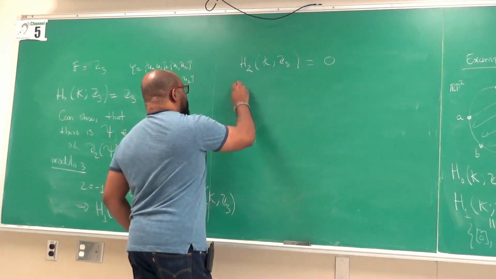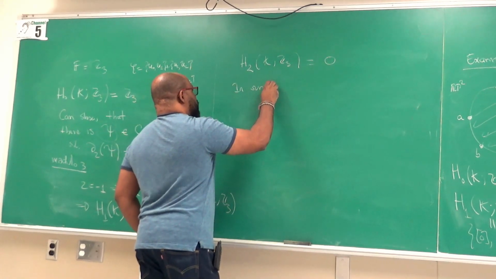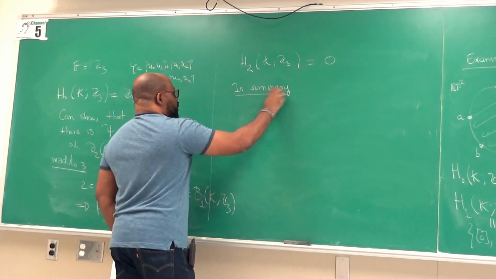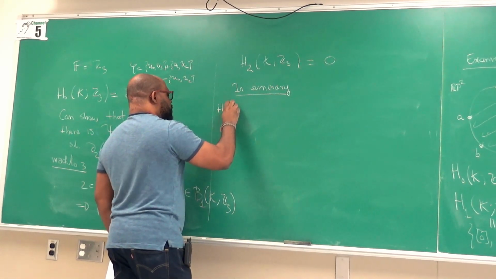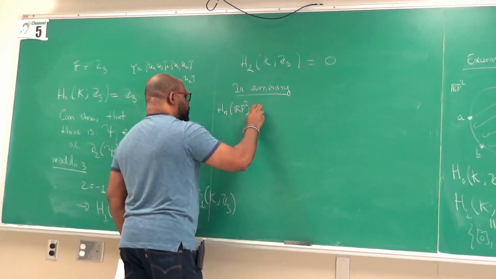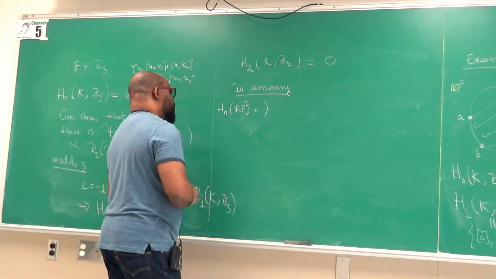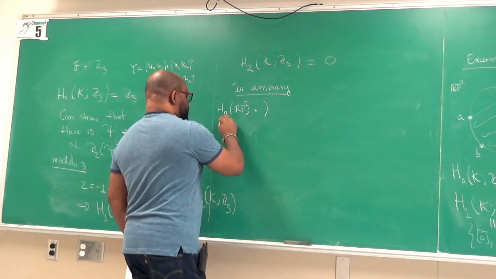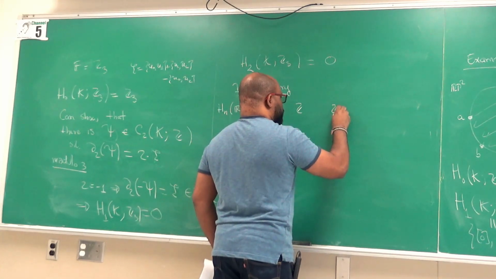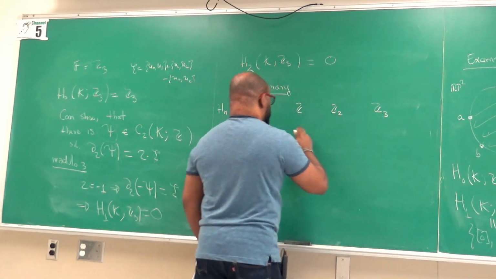So in summary, if one wants to compute the homology of RP2 with coefficients, and perhaps the coefficients we want to take are maybe Z or Z mod 2 or Z mod 3, right?